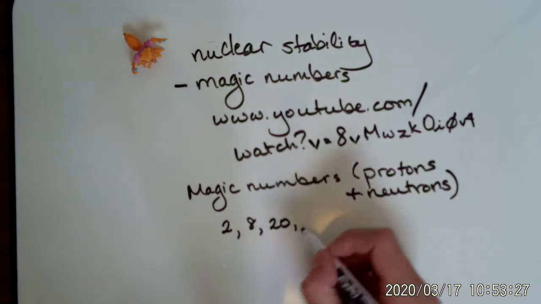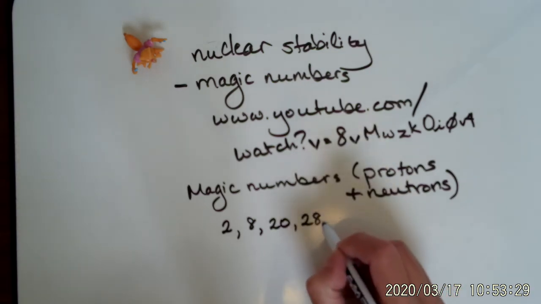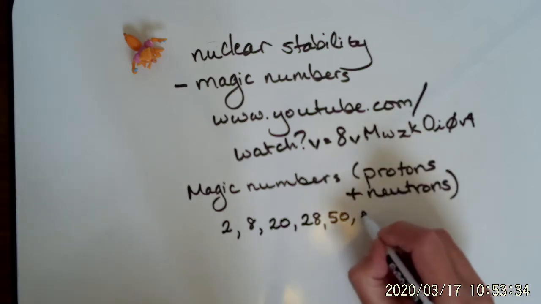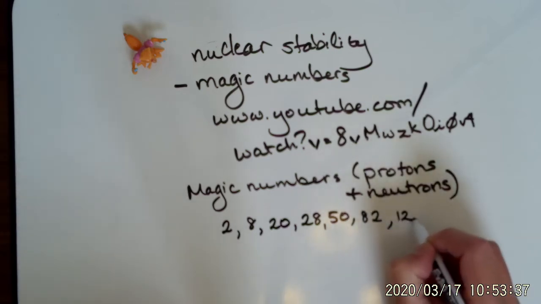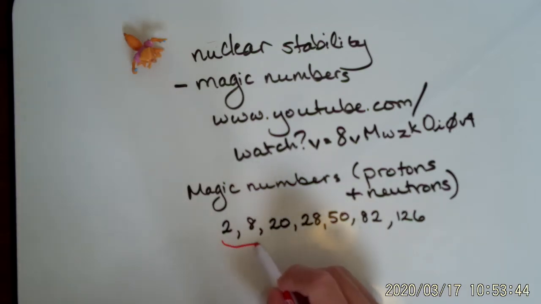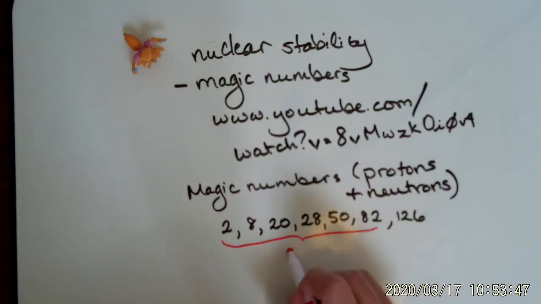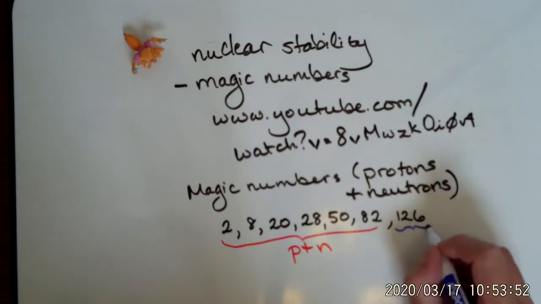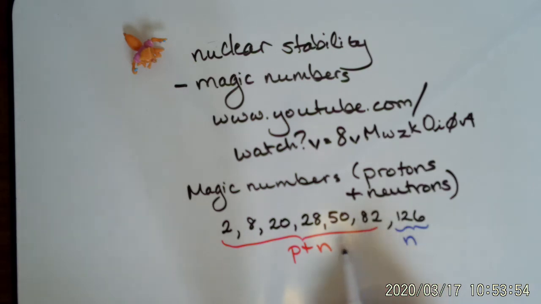And so you get 28, you get 50, and if you continue, you'll see 82 and 126. Now we know these apply to protons and neutrons. And this one applies to your neutrons, because as you know, any number of protons greater than or equal to 84 is automatically unstable. So you need to know these magic numbers.